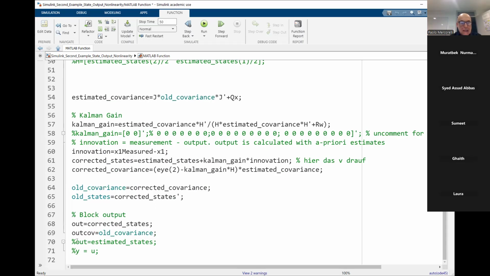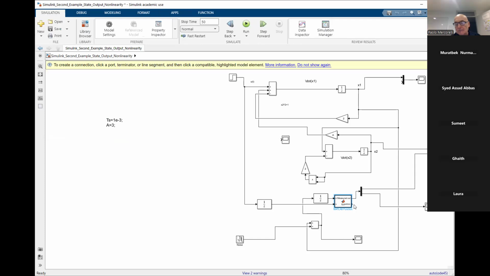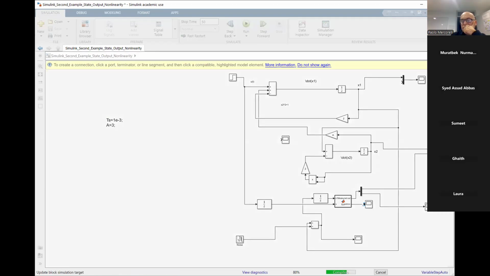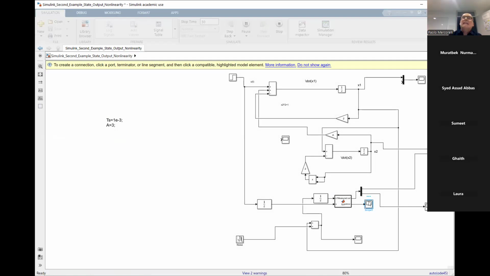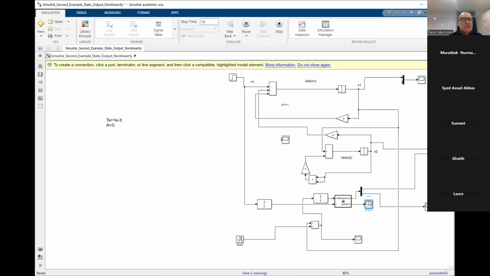Okay. I have another output. Let me see here. Now I don't remember. I think you should understand MATLAB. Let me show you. It could be that it's very small, the difference in the covariance, basically the error, no? In the estimation.